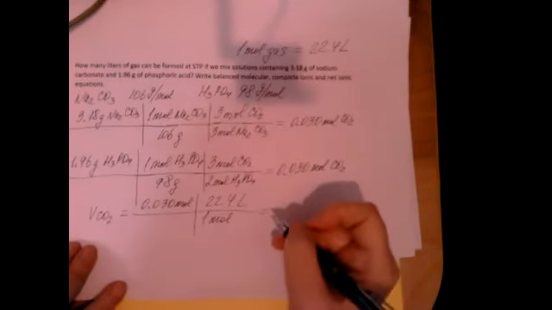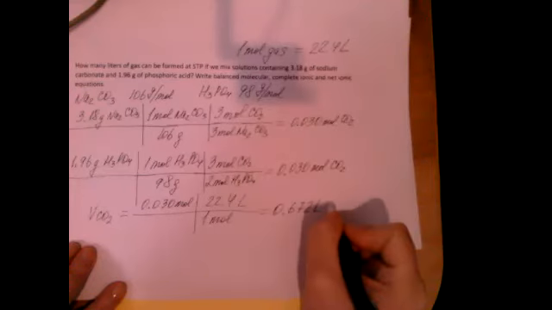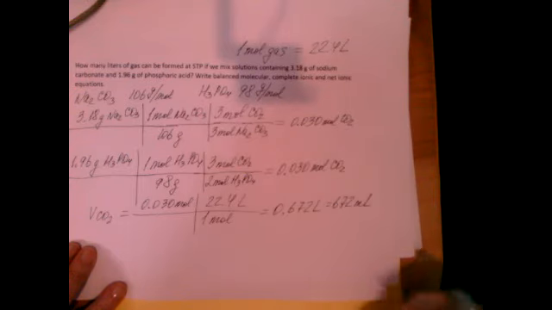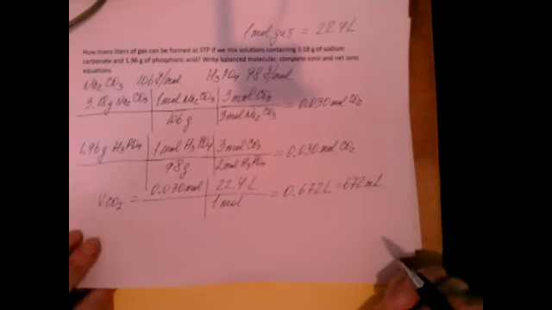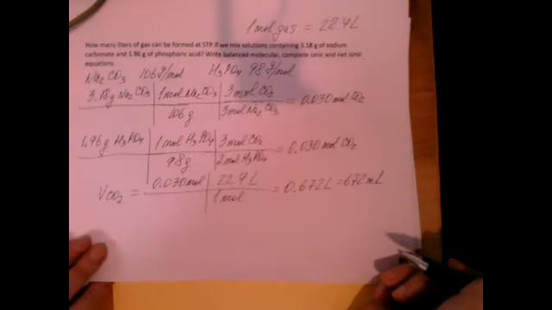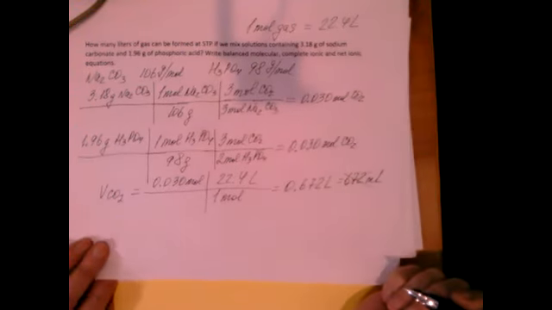So it's going to be 0.672, sorry, liters or 672 milliliters. If you like milliliters more, it doesn't matter. Okay, how many liters? Yeah, so we don't need milliliters, we need liters.